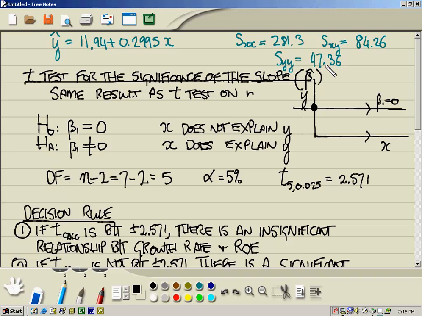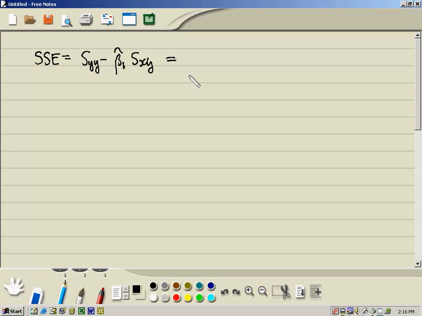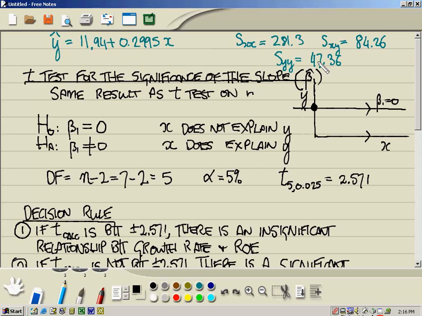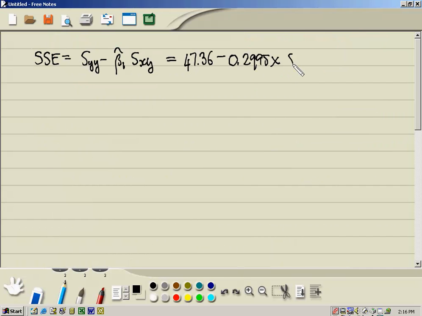Alright, sum of squares of y, 47.36, minus the beta hat 1, which is 0.2995, times the sum of squares of xy, which is 84.26. Remember the result here must be positive, and the result is 22.12.